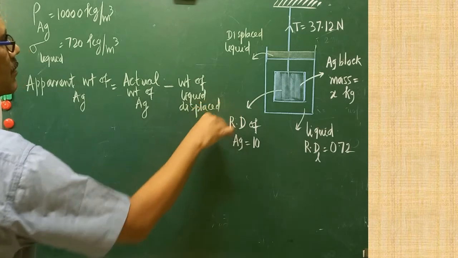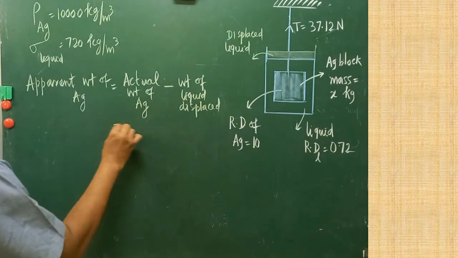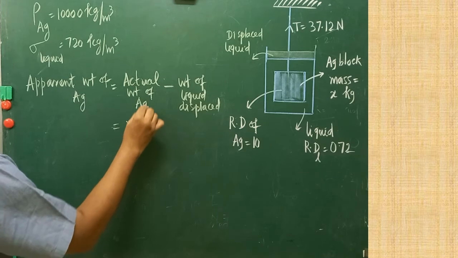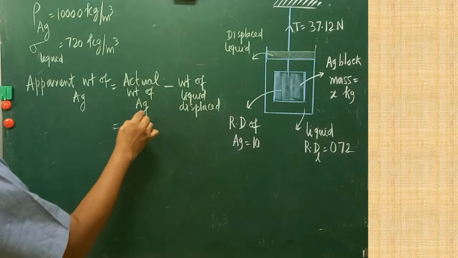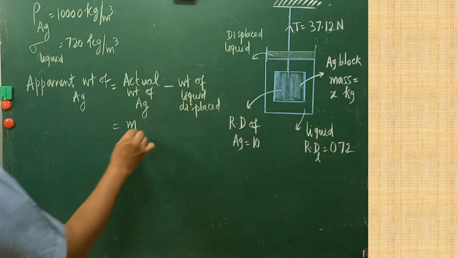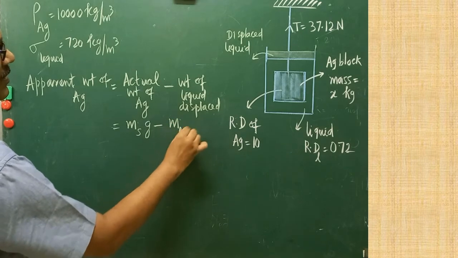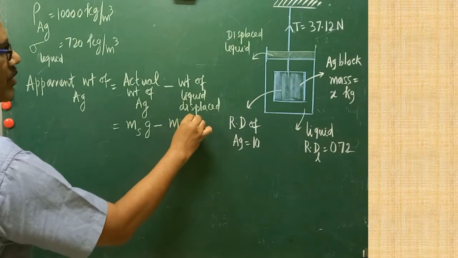So we know the formula for weight. Weight can be calculated by multiplying m into g. So here mass of Ag, the immersed object is silver, minus the mass of the liquid displaced, both multiplied by g.